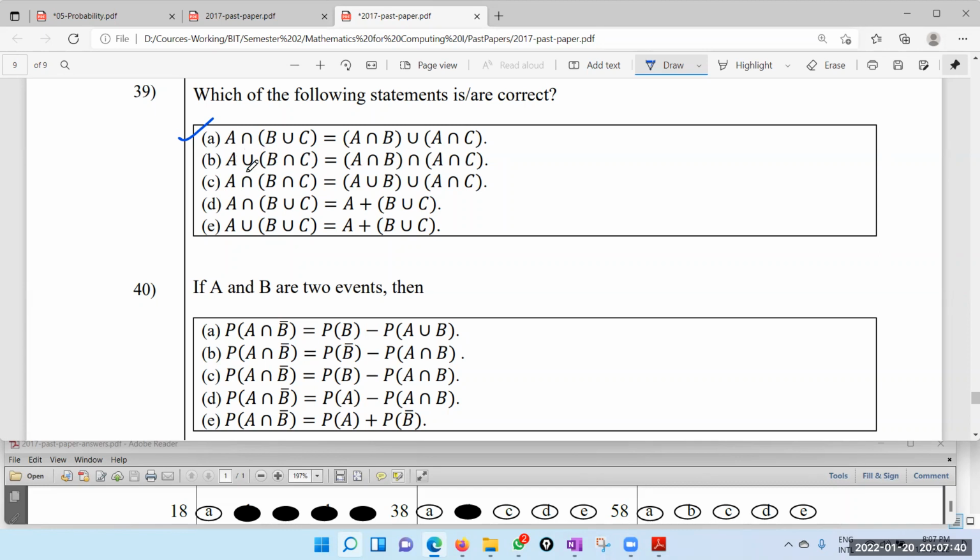And if you really doubt, you can just draw the Venn diagram of the left hand side and right hand side. Like A, B, C. This is B intersection C. Right? B intersection C is this area. Union with A. So that is this area.